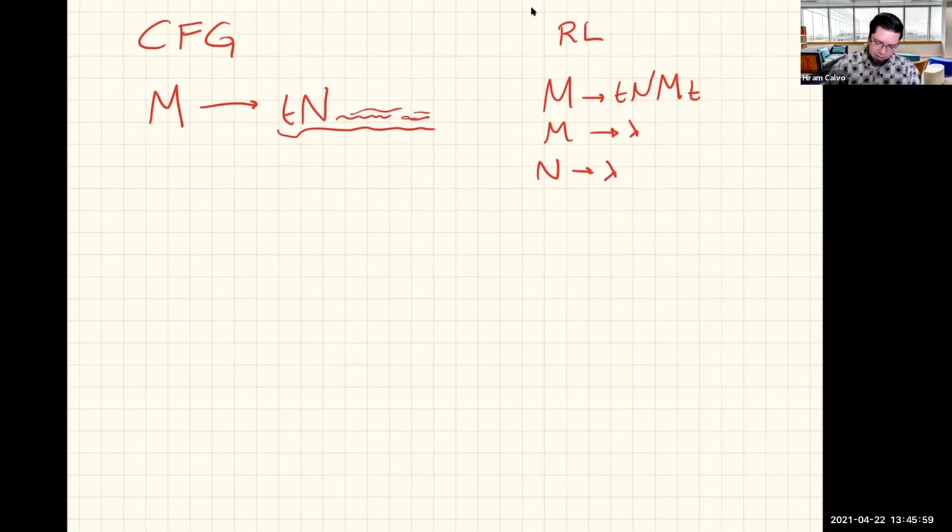So sometimes in order to show that a grammar is regular, we need to be able to convert it to the canonical form. Whereas for a context-free grammar, we don't need to do that. Just by looking at it, yes, this is a context-free grammar.